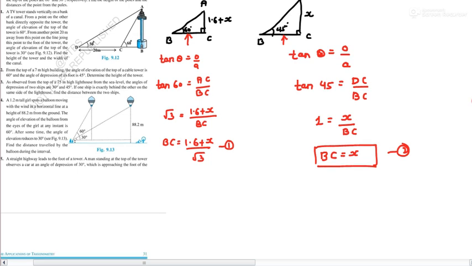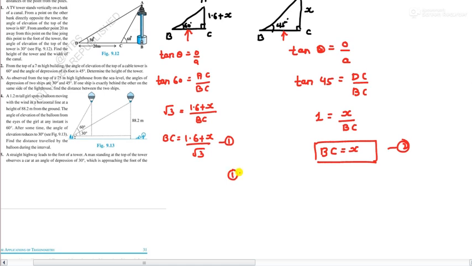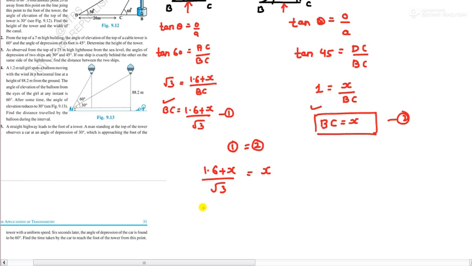So now I'm going to equate equation 1 and 2, because both of them have BC, so both of them are equal. Here 1.6 plus x by root 3 is equal to x, right? Now if I do cross multiplication, I'll get 1.6 plus x equals root 3x.